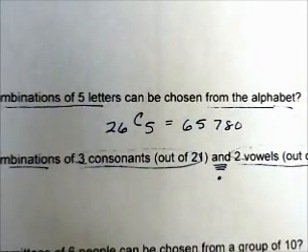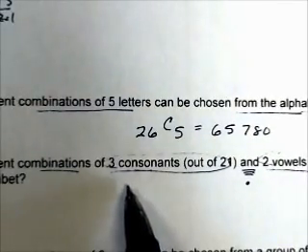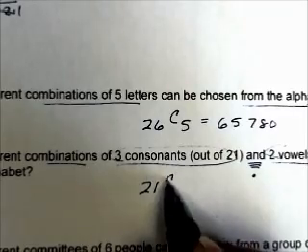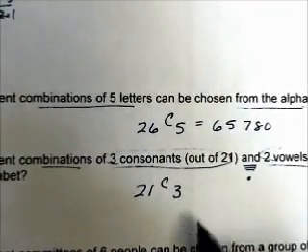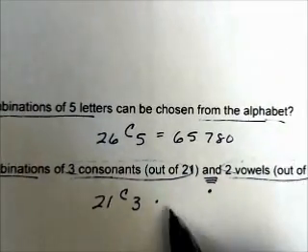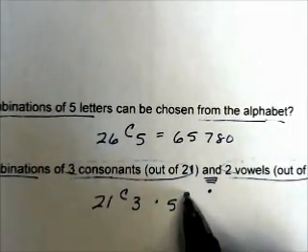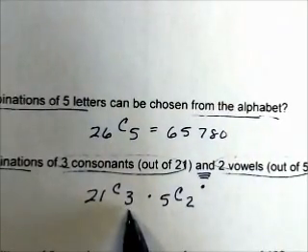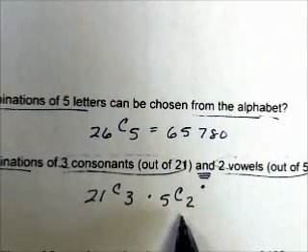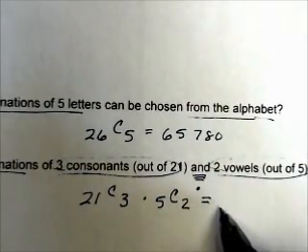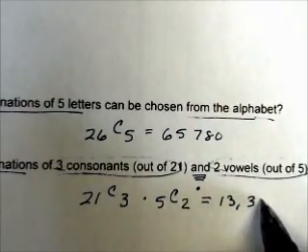From the 21 consonants, we choose 3, times 2 vowels out of 5. From the 5 vowels, we choose 2. And we would multiply this. So we do 21 choose 3 times 5 choose 2 on the calculator, and that would result in 13,300.